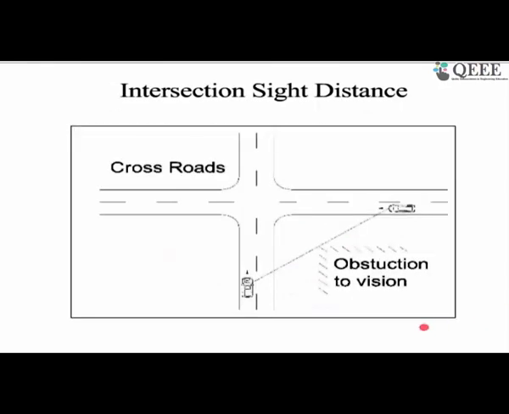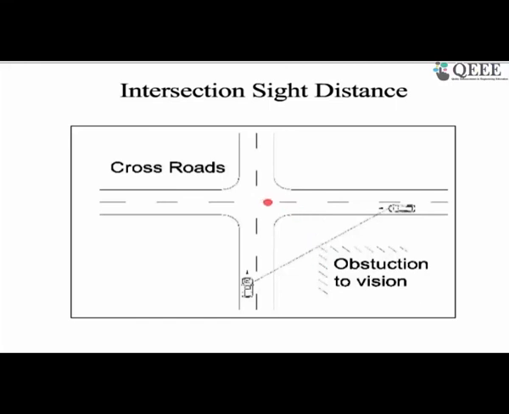Now the intersection is quite simple, straightforward, but it is based on the stopping sight distance. At an intersection, vehicles coming from two different roads need to see each other, and in the worst condition they should be able to stop before colliding. So both should have enough distance to stop. When both are traveling at the same design speed, they should have enough time to react and stop.